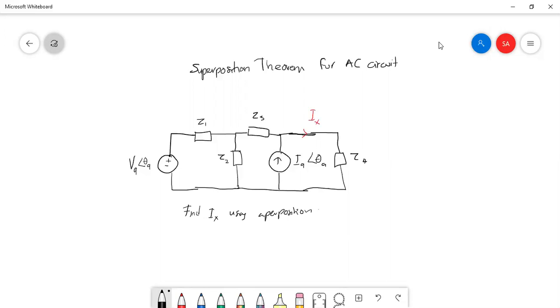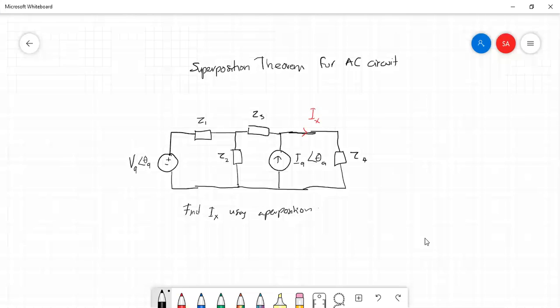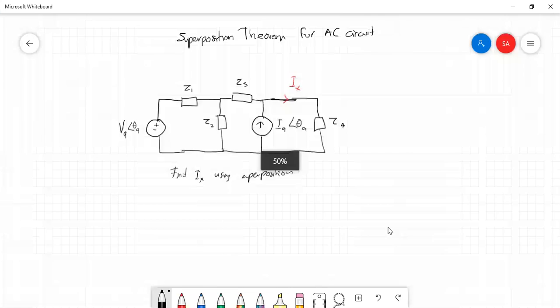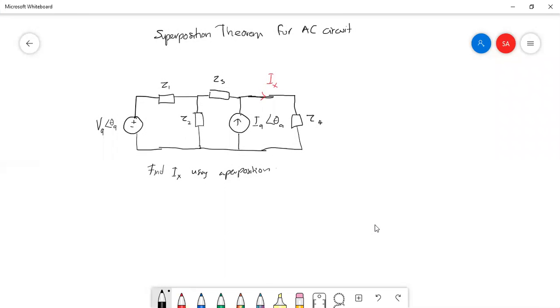Okay, so the first step that you need to do is actually to kill either one of the sources. So in this example, we can kill either one of the sources. For this example, what I want to do is, the first is actually to kill the voltage source.